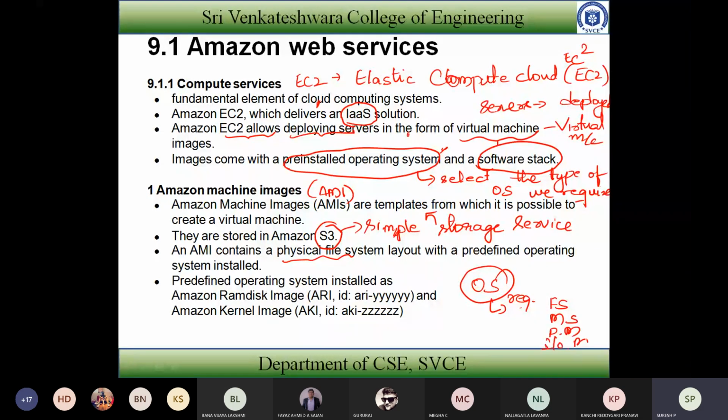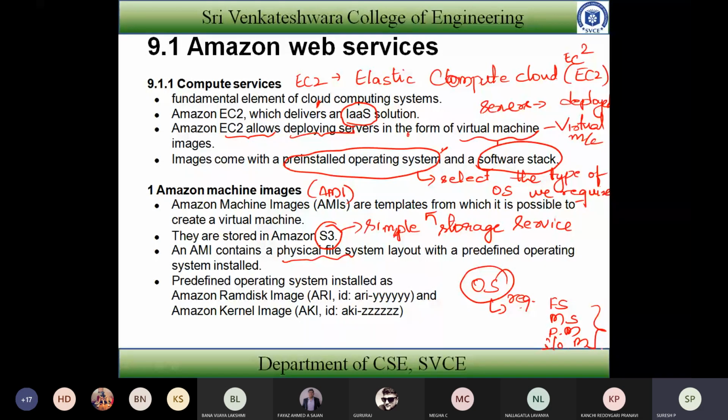These are some of the managements your operating system requires to run. It may be an image or it may be the full version of your operating system. But to work with an operating system, you should have some file system.